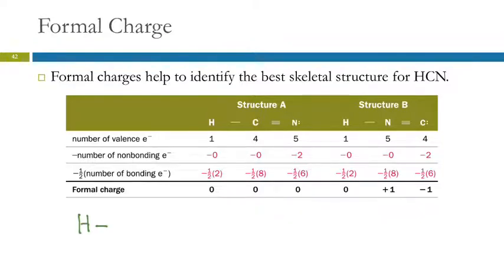So this one has carbon in the middle, a triple bond, and nitrogen with a lone pair. That satisfies the octet rule. And over here we've got hydrogen with nitrogen in the middle, a triple bond, and carbon with a double bond. A lone pair.